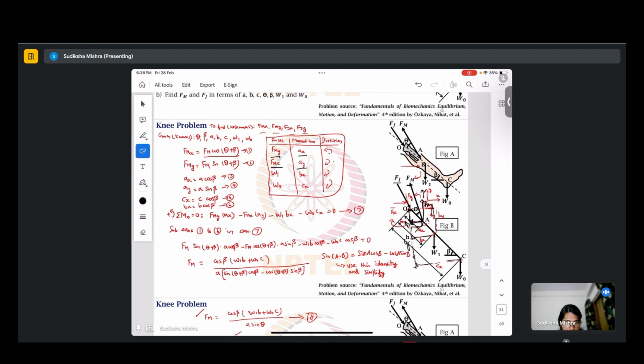So it is in a counterclockwise direction. Next is W1, which is at a distance of bx, and because W1 is acting this way, it will move in this way. So again, counterclockwise direction. For W0, the moment arm is cx, and W0 will act like this.